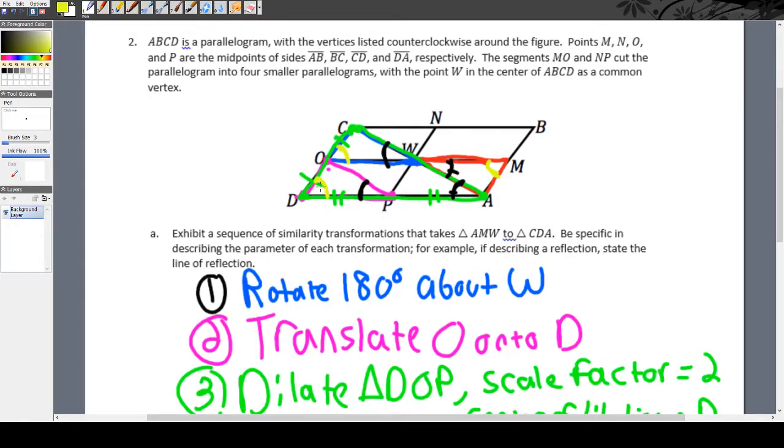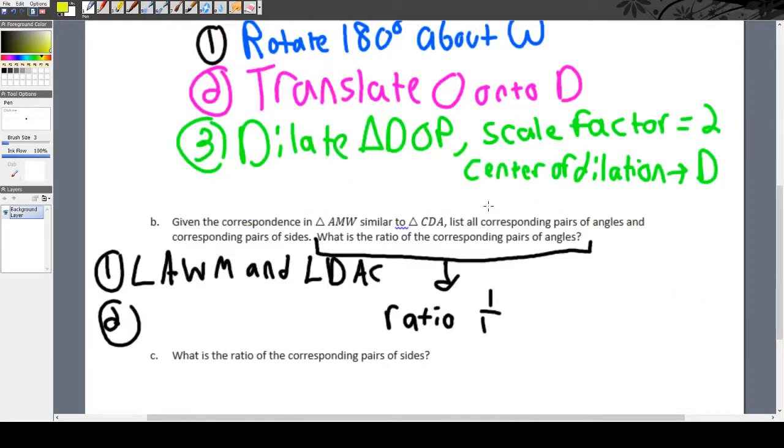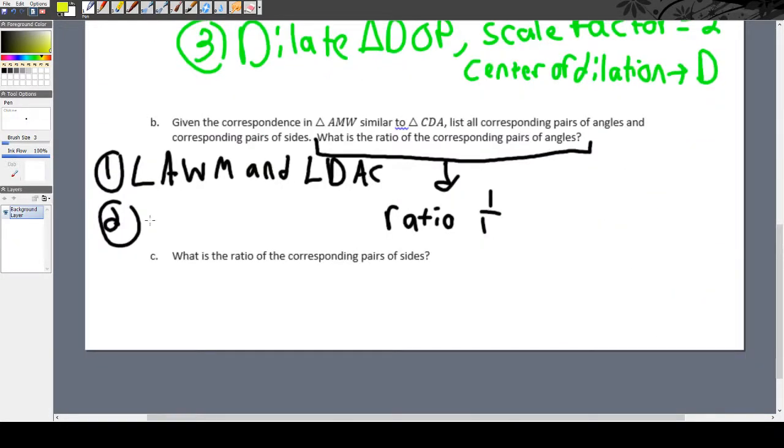So we have that the yellow angle, we can just say it's angle CDA, is going to correspond with angle WMA. So angle CDA and angle WMA. I apologize if that's a little hard to see.